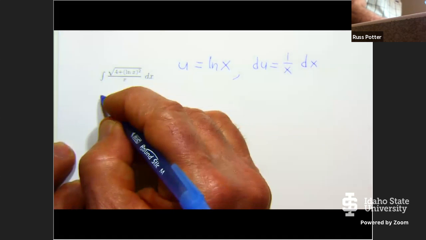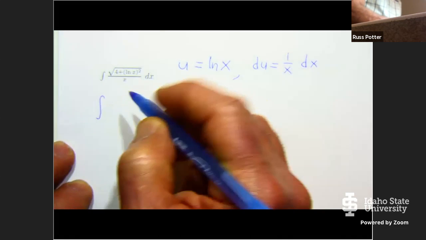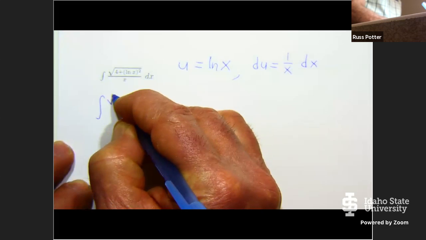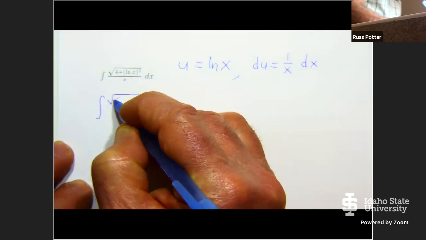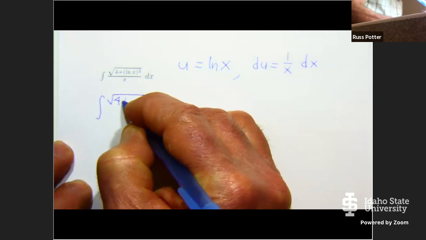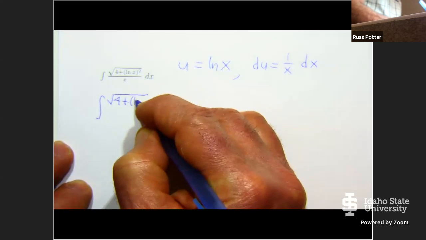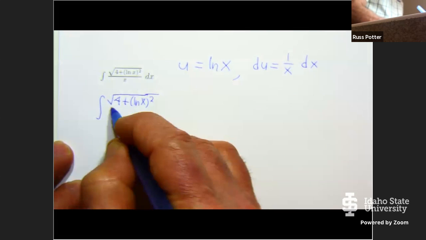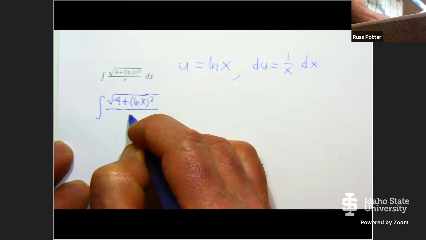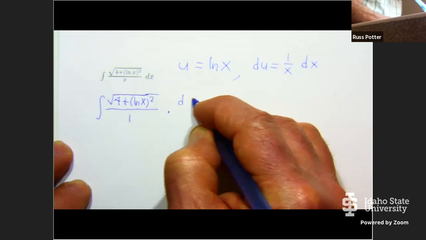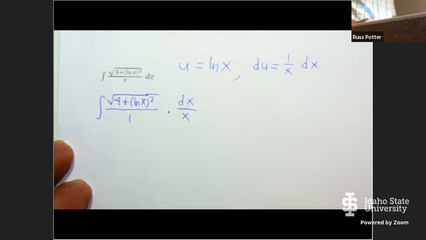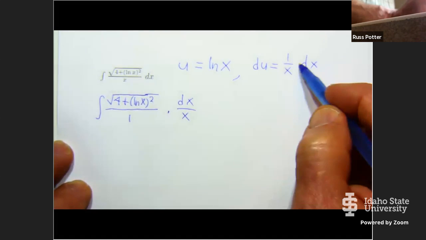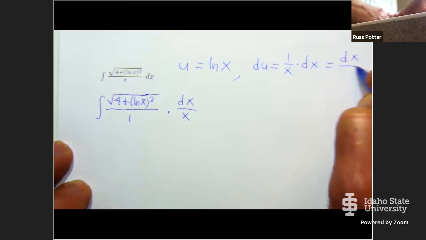I'm sure it's obvious, but I'll write this in a little more detail before I make the substitution. So this is our integrand, write this over 1 and then dx over x. 1 over x times dx is dx over x.